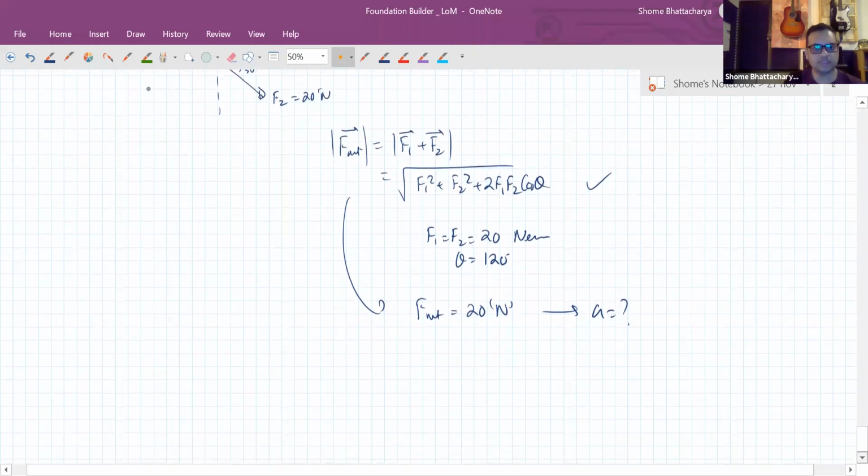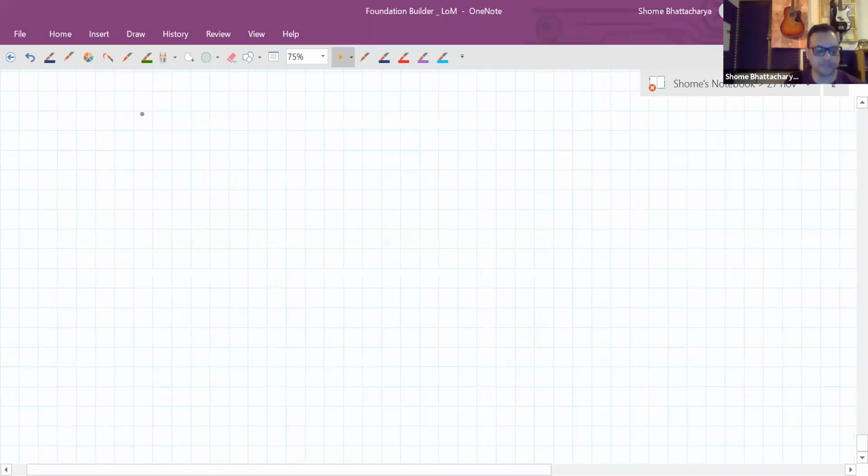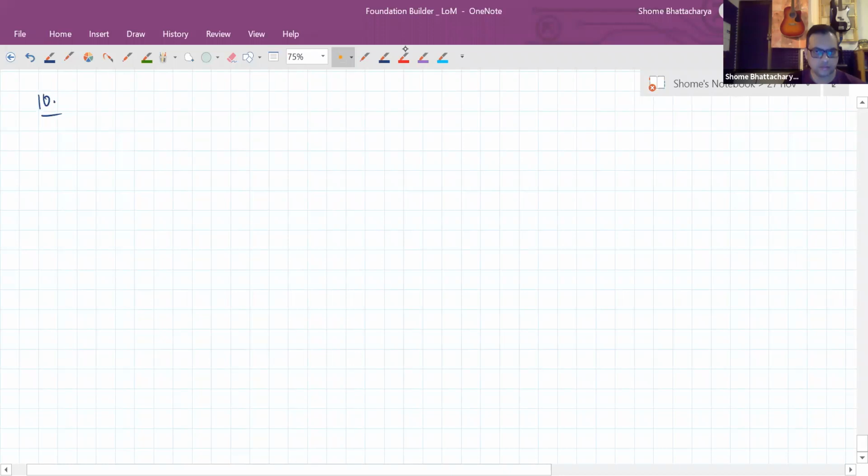The 10th question is a similar thing, but instead of a diagram, the vectors are given in component algebra. So in the 10th question, you have to calculate the net force by adding the vectors, and for that you have to use component algebra.